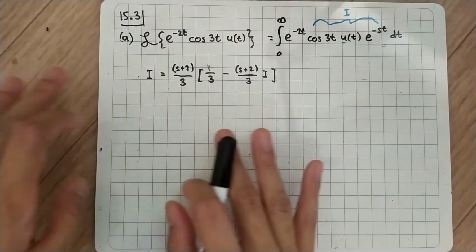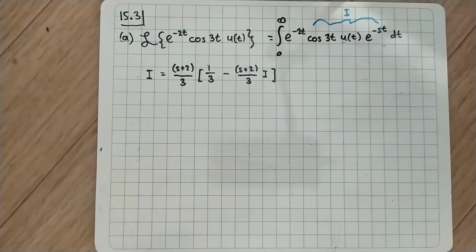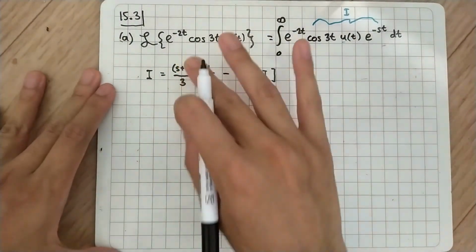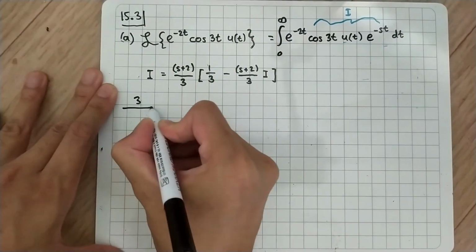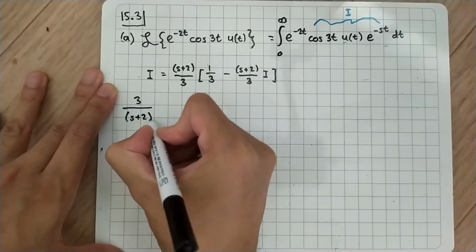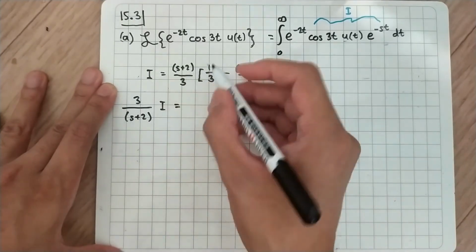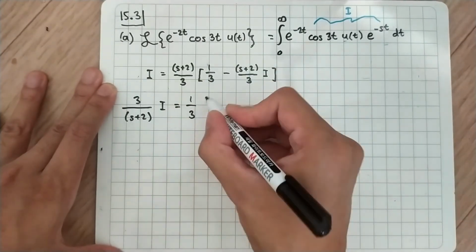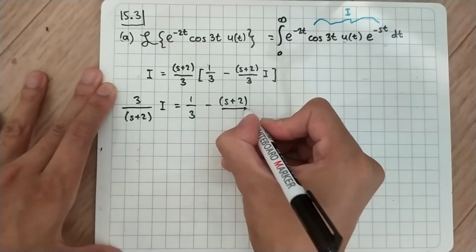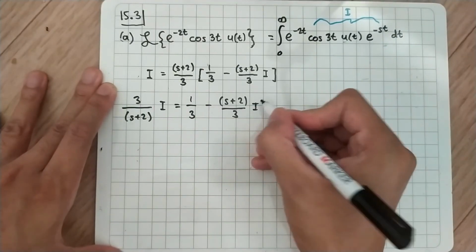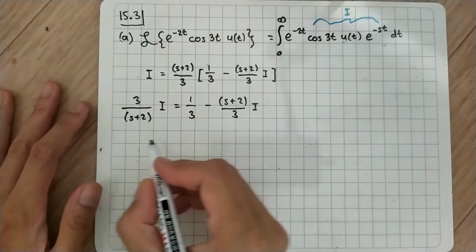Okay, now we can solve this equation for I, and let's do that. So we can multiply by the multiplicative inverse of this constant. So I will have 3 over s plus 2 times I, and that will cancel this, and this will be 1 over 3 minus s plus 2 over 3 of I. So I want to isolate I, so I can move this to the left hand side.